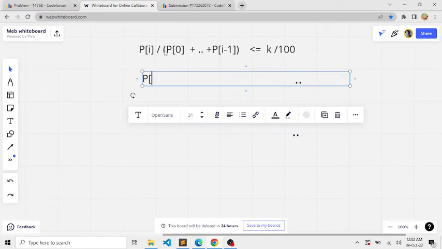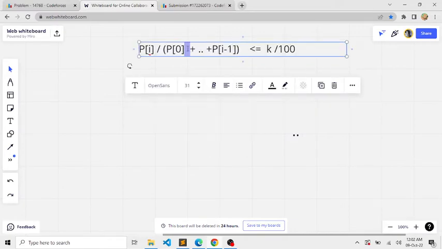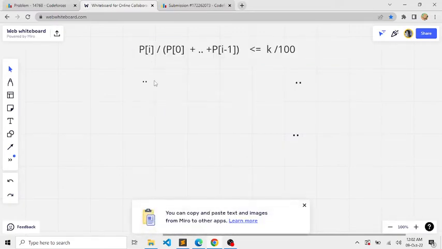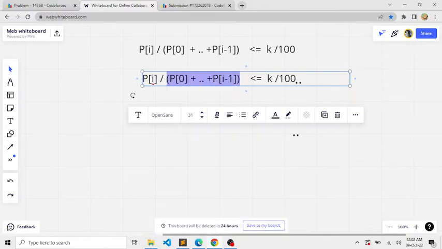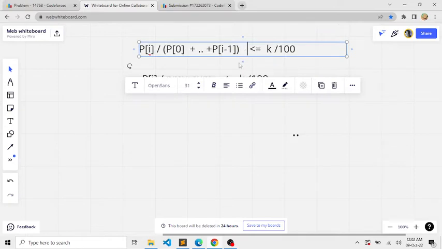Let me just copy this condition. Okay, I've copied the condition and I'll paste it here, and instead of writing p0 to pi minus 1, I'll put it in some variable, that is previous. Let's call it previous sum. So previous sum is basically the summation of all previous values.